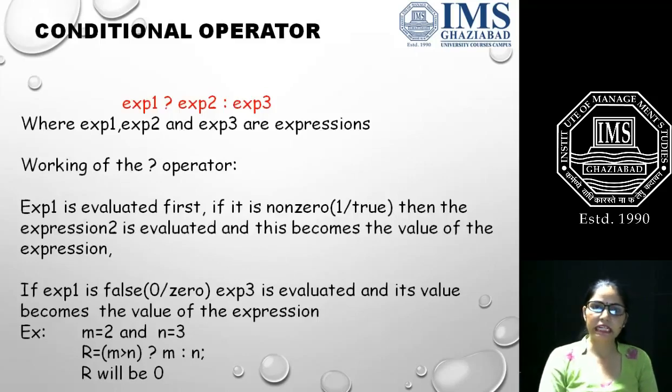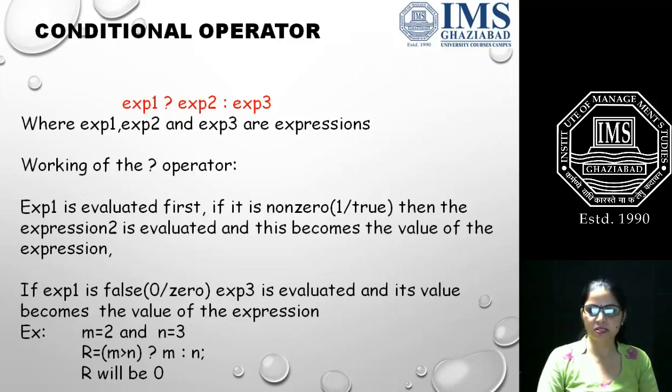Then we have the conditional operator. This is also known as the ternary operator, as well as the question mark colon operator. Expression 1, question mark, expression 2, colon, expression 3. Now expression 1, expression 2 and expression 3 are the expressions, and the operators are question mark and colon. Here expression 1 is evaluated first.